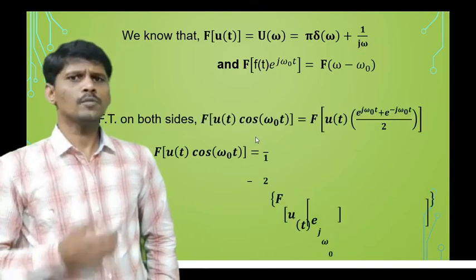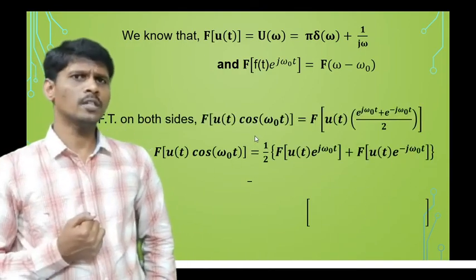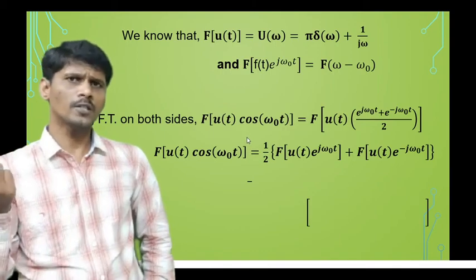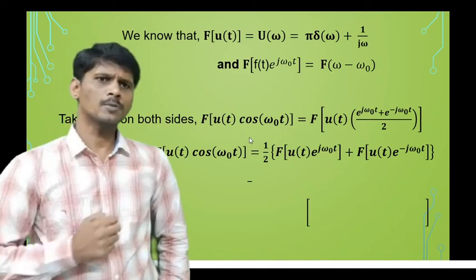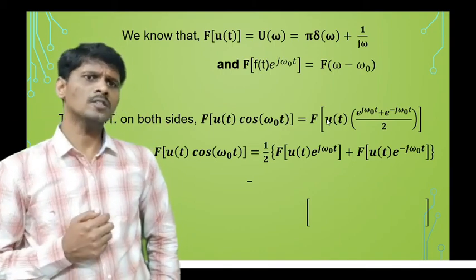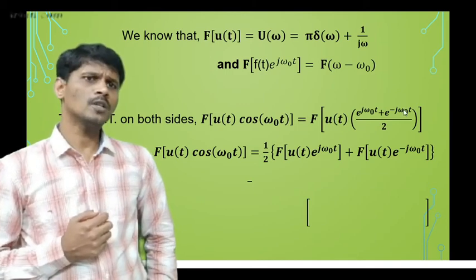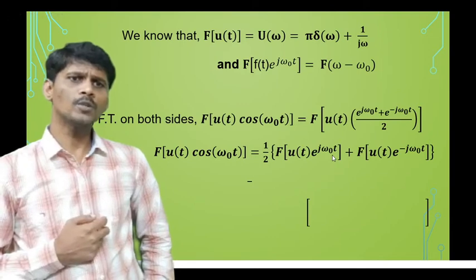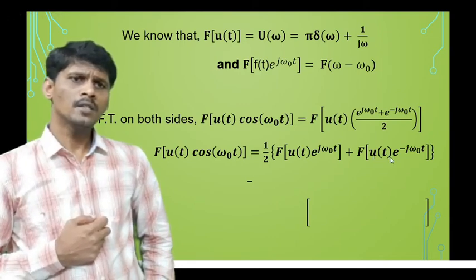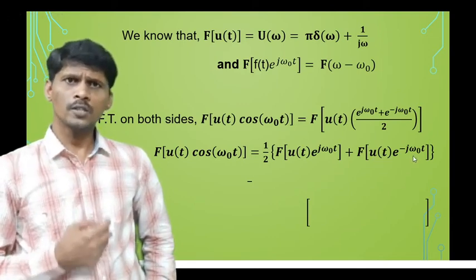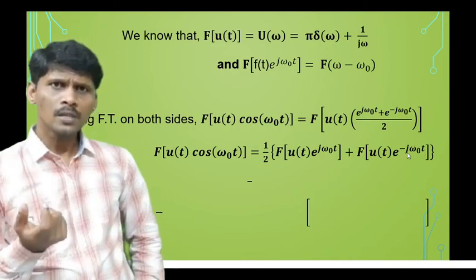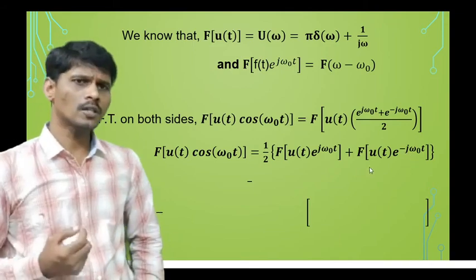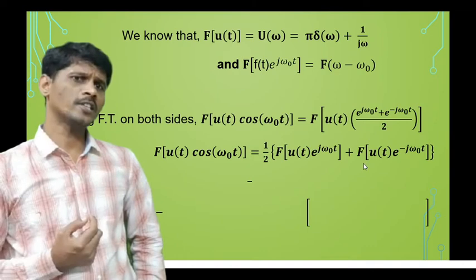Taking the Fourier transform on both sides of the given equation, the Fourier transform of the LHS term is equal to the Fourier transform of the RHS term. On the RHS, multiplying the bracket term with u of t, we have u of t into e power j omega naught t plus u of t into e power minus j omega naught t. Applying the Fourier transform to each term, we have this resultant equation.